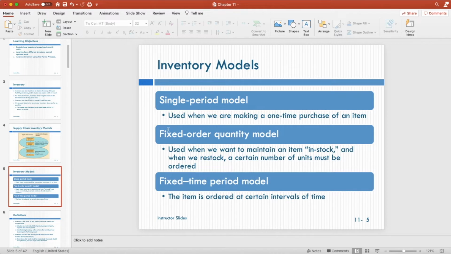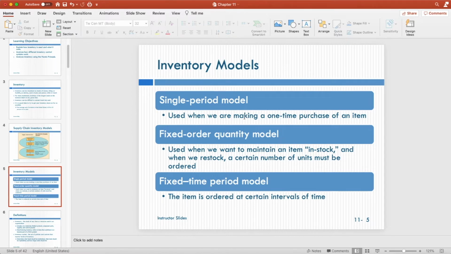We will talk in detail about the fixed order quantity model and the fixed time period model, and in which situation the fixed order quantity model is more feasible, and in which situation the fixed time period model is more feasible. But now we will start from the single period model.